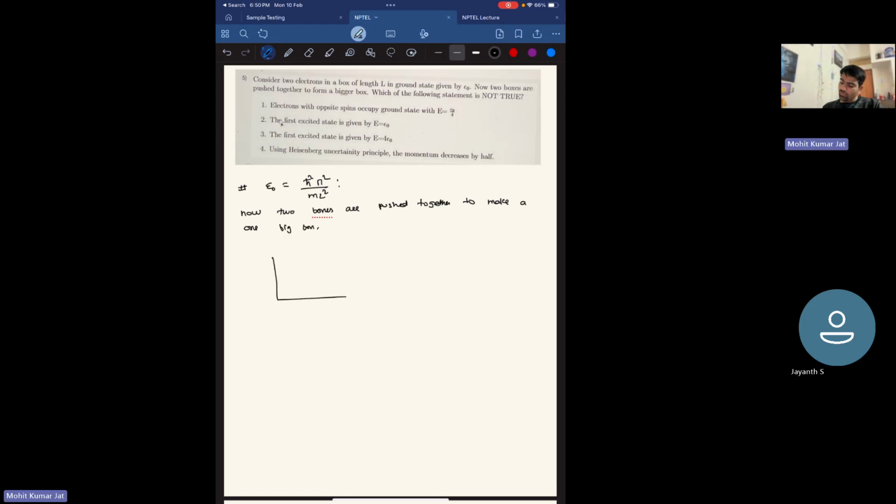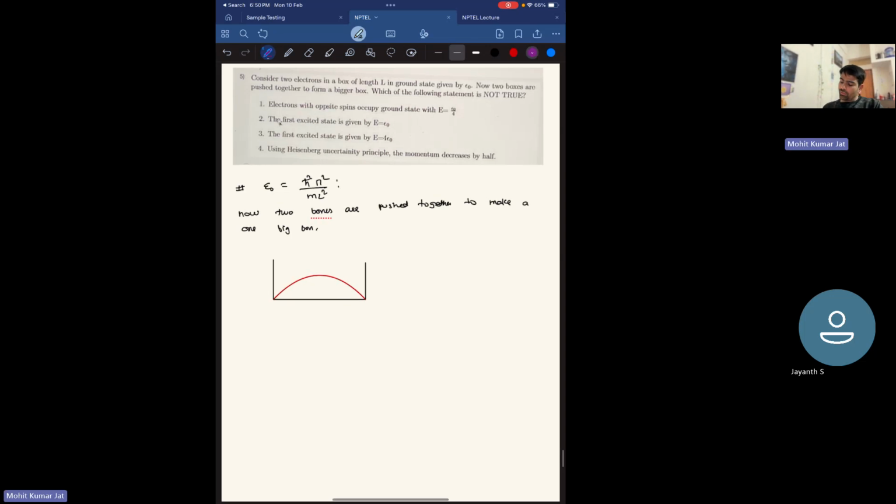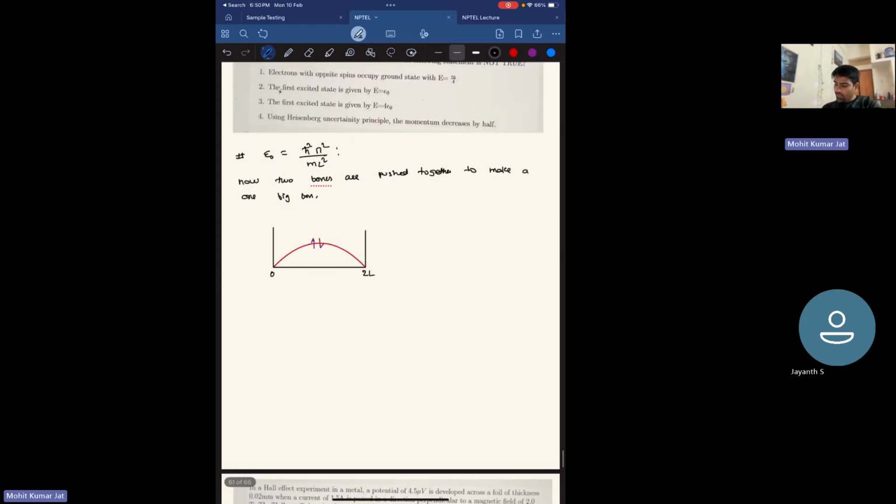That means now both the electrons are in a single box, but we know that the ground state will be achieved if one is spin up and the other is spin down. And now the box goes from 0 to 2L instead of L because they are pushed together to form one bigger box. If that's the case, then I can replace this L by 2L.